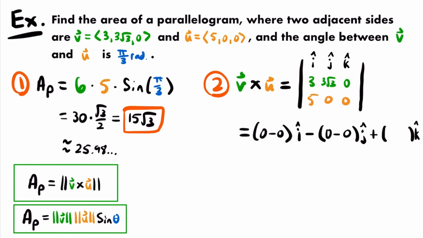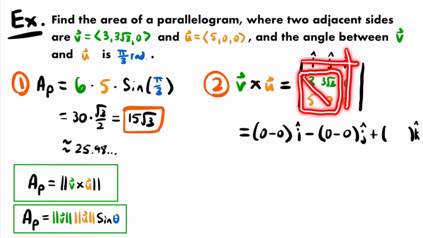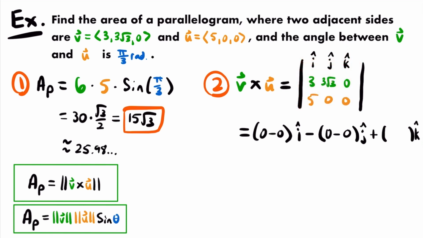And then finally, let's work on our last term where we're multiplying by vector k. In this case, we're going to look at k in that first row, and we're going to cross out that row and the column that vector k is located in and calculate a 2x2 determinant with the leftover values. In this case, we'll have 3 times 0 minus 3 square roots of 3 times 5, and we finally have something that's not going to be 0, right? 3 times 0 is 0, but then 3 square roots of 3 times 5 is not 0.